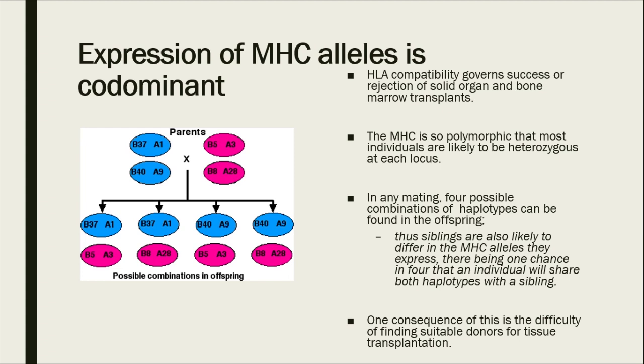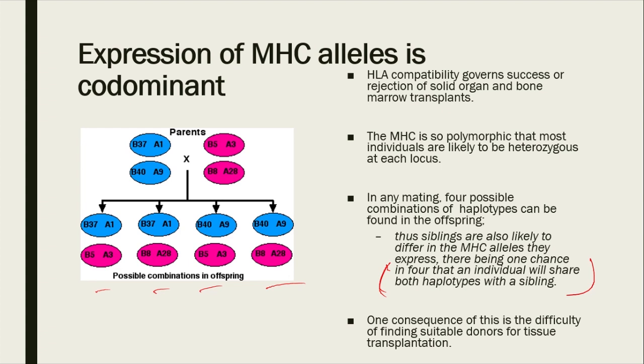Alright, so here is a recap of the MHC alleles. Basically we're talking about parents giving birth to four individuals. You have about a 1 in 4 chance of sharing both haplotypes with a sibling, about a 50% chance you share one, and another quarter chance that you don't share anything at all.